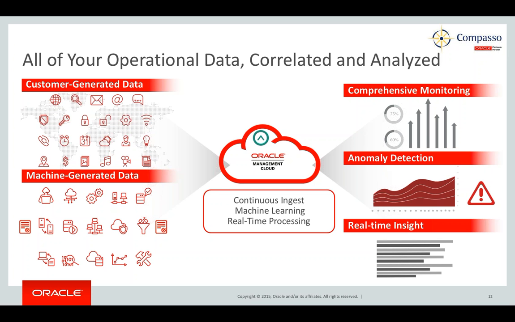Providing real-time insight, so the ability to search through all this data, make it usable, make it addressable. Providing machine learning, which will find interesting and new things for you, maybe errors or things that you should know about. High CPU loads, high garbage collection, things like that.